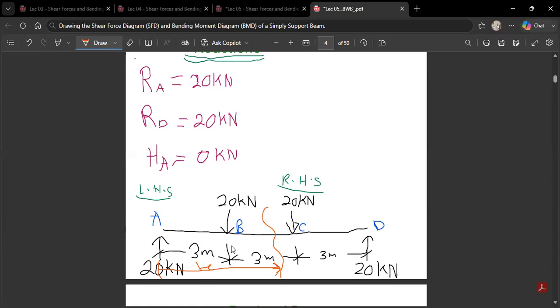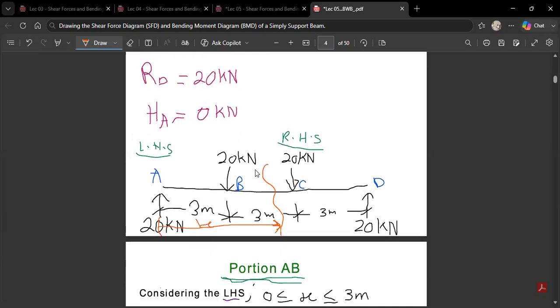I'm just going to do that quickly for you to see. But what is the interval going to be? The first one, 3 is less than or equal to x, because it starts at 3. Look at portion BC. It starts at 3 and ends at 6. You understand me? So let's proceed.